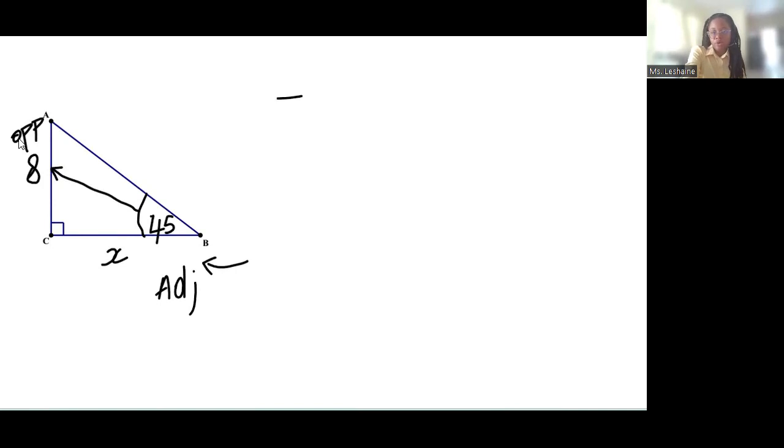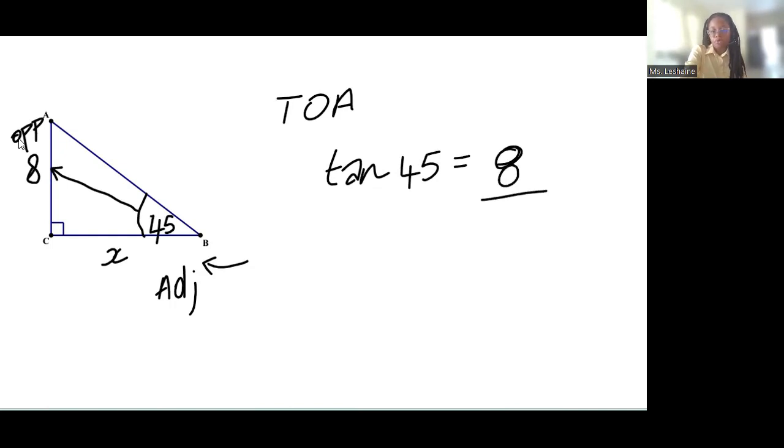So I will pull for TOA. That tells me that tan of whatever my angle is, which is 45, so tan of 45, is equal to the opposite, which is 8, over the adjacent of X.